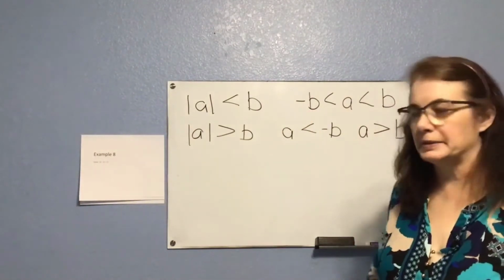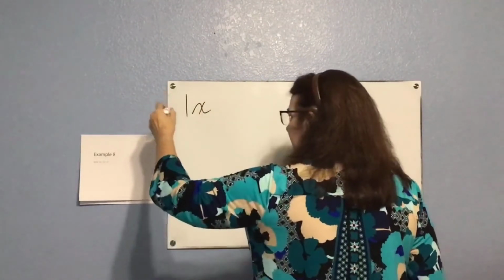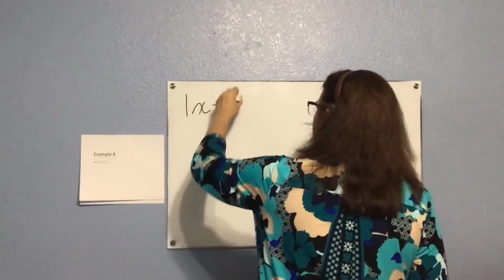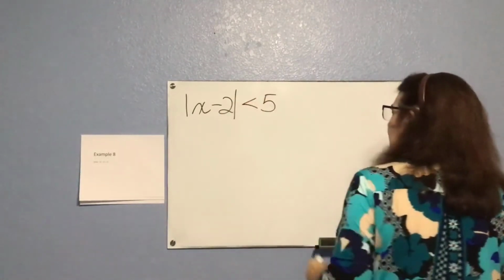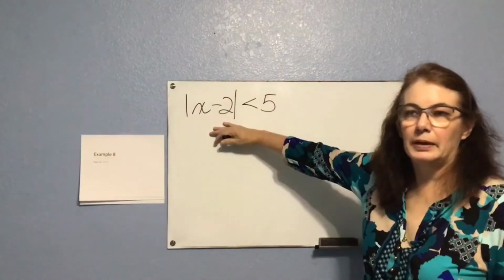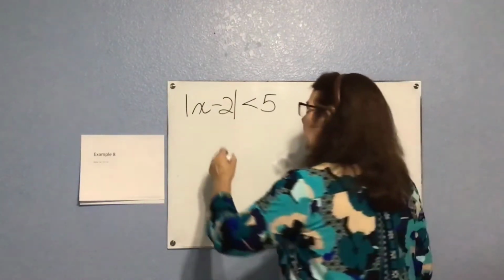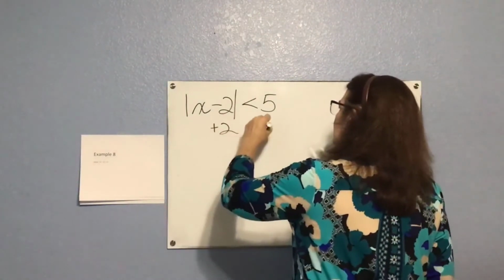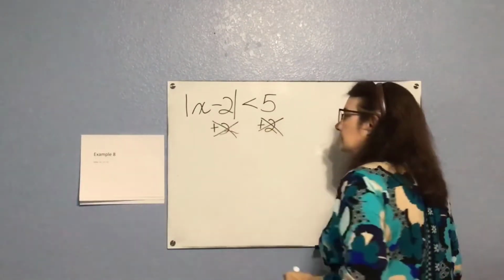So now I have the absolute value of x minus 2 less than 5. And I want to stress to you, in this type of a problem, probably the most common error that I see is people say, well, I need to add 2 to both parts. Do not do that.